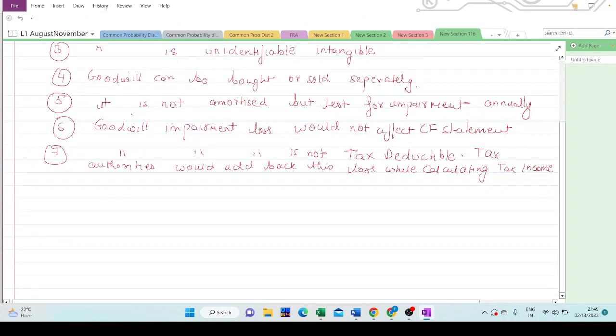So first we'll understand what a cash generating unit is. First understand what we mean by a unit. A unit is a smallest group of identifiable assets. Please write it. It's a smallest group of identifiable assets.